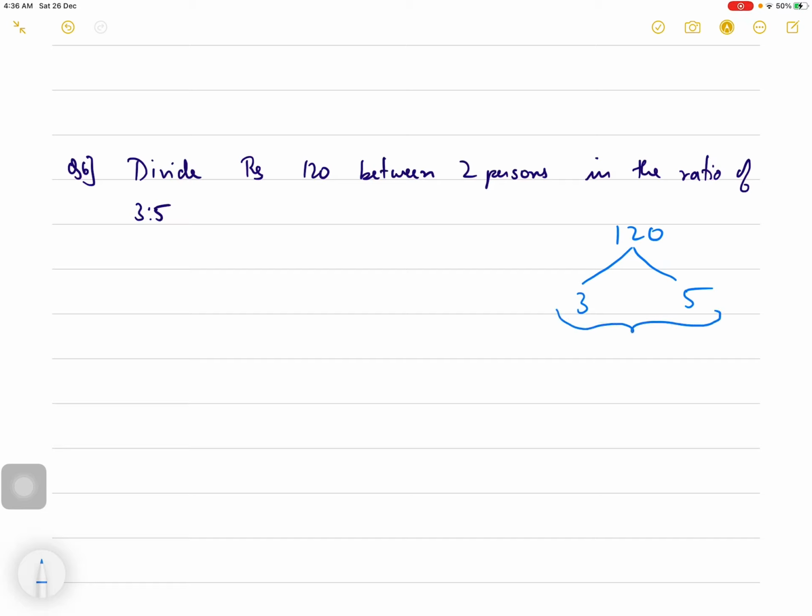Okay, so the sum of the ratio is 8, right? So first person's share would be 120 into 3 by 8, and second person's share would be 120 into 5 by 8. So how I'll write: the total of the ratio, 3 plus 5, which is 8.